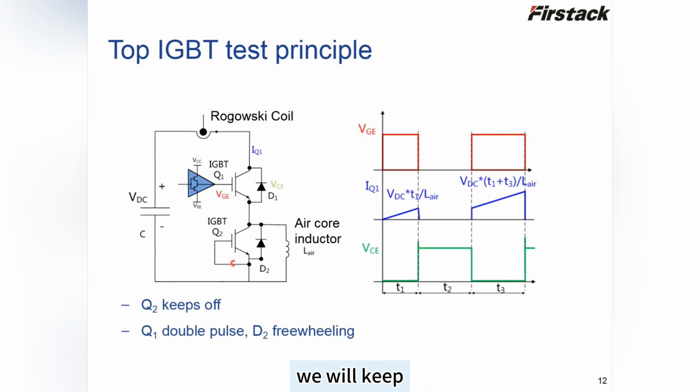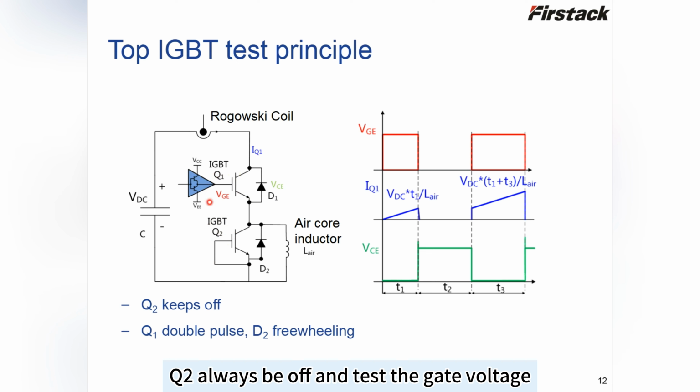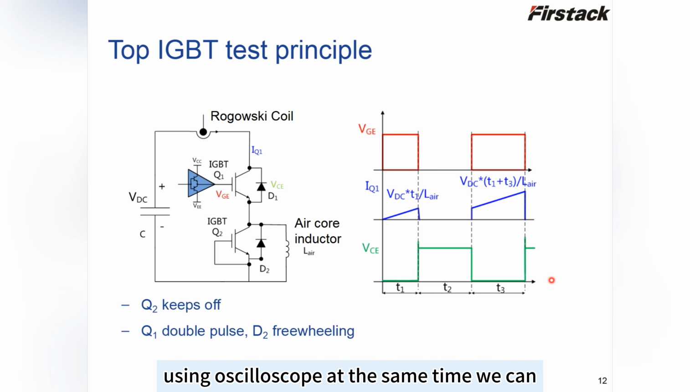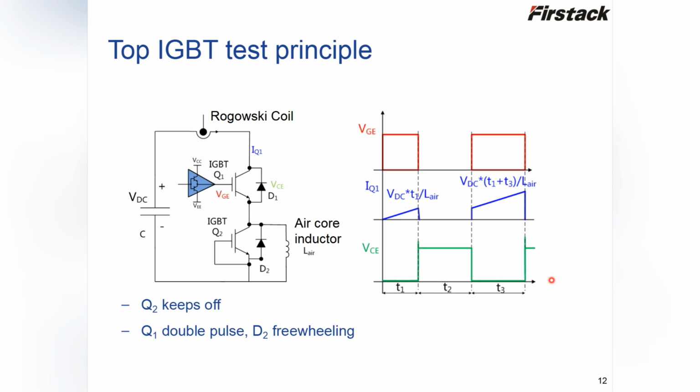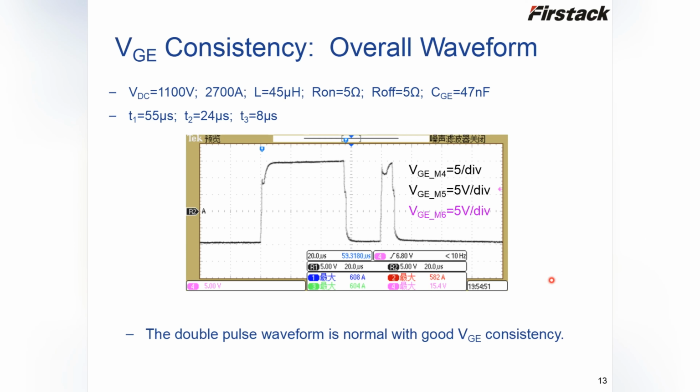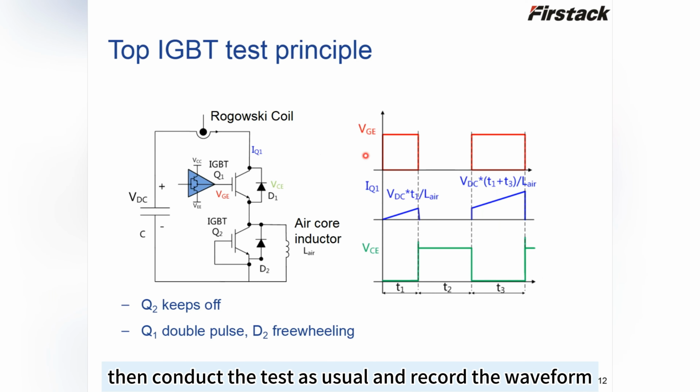We will keep Q2 always off and test the gate voltage VGE of 6 Q1 during the double pulse test, because now we have 6 modules in parallel operation, depending on the oscilloscope you are using. At the same time, we can measure the corresponding current and VCE voltage. Then conduct the test as usual and record the waveform.